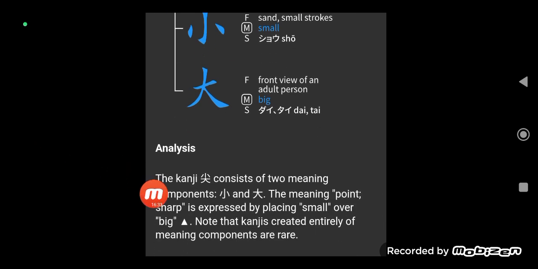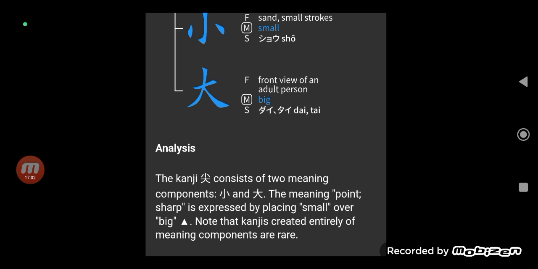So analysis. The kanji here consists of two components: the small, this is a kanji for small, chisai or ko, sho, and the component dai or o, meaning big. The meaning point or sharp is expressed by placing the small over the big.